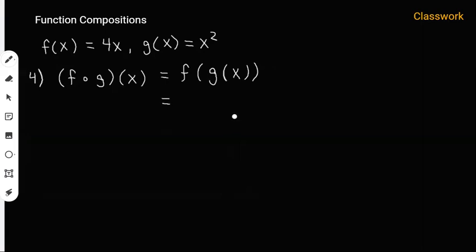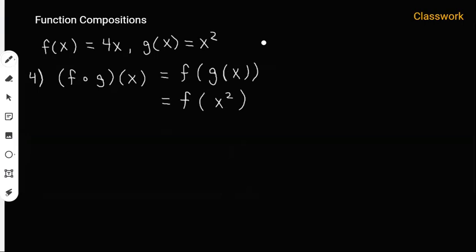All right, so we're going to work our way inside out. I'm going to put g of x inside of f. So I'm still going to have my f, but I'm going to replace g of x with x squared, because g of x is equal to x squared. So they're basically the same thing.